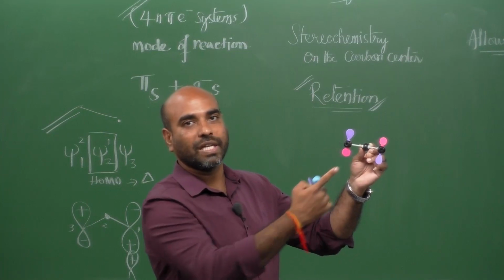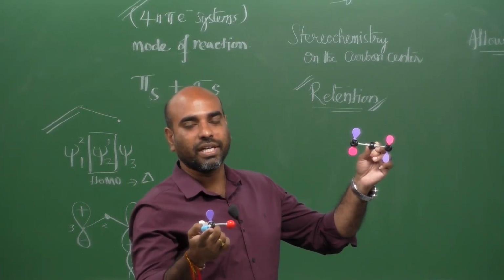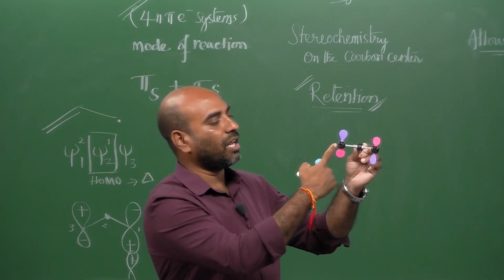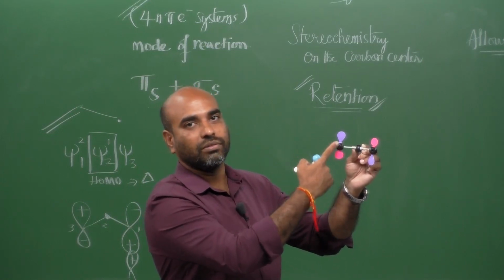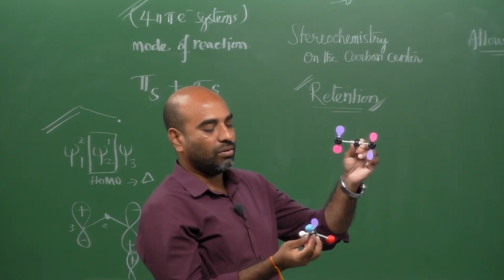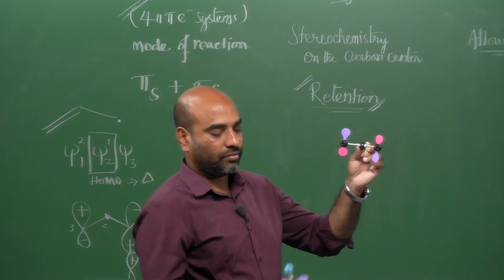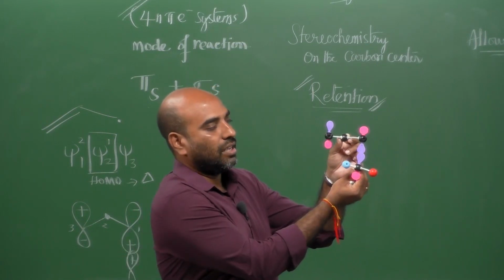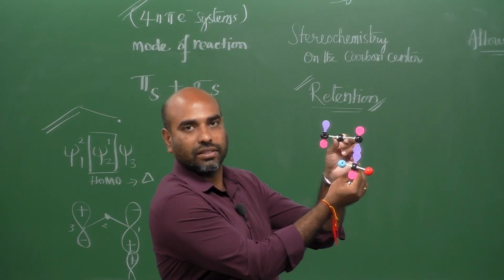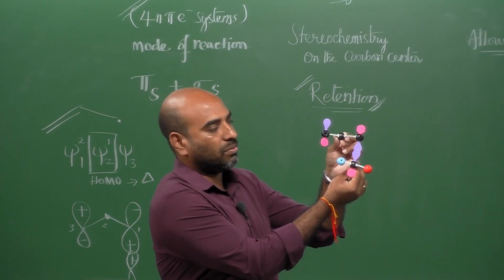Psi2 will have a C2 axis of symmetry, so the terminal carbon atoms will have the lobes on opposite faces. The group has an initial bond with carbon 1 here.